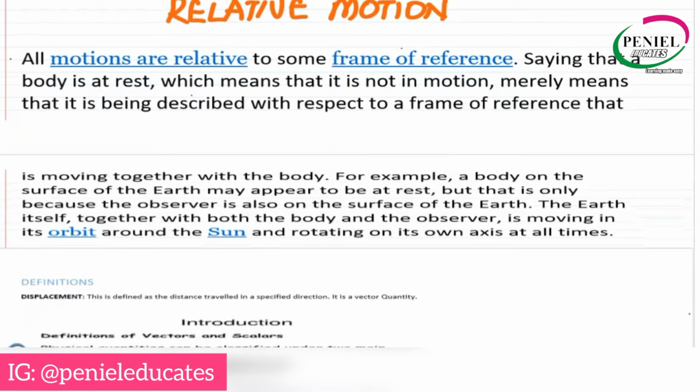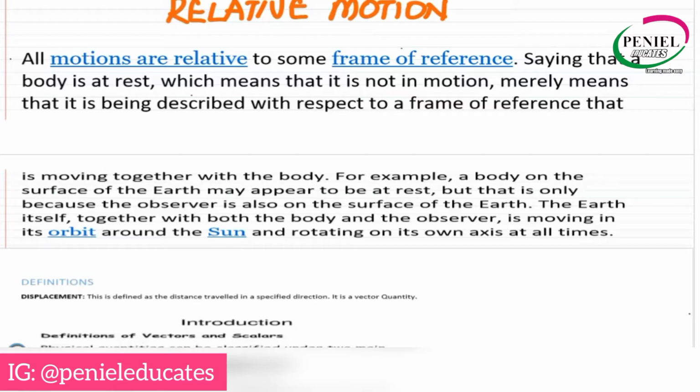motion. One thing again that you need to know here is that we may define motion as a change of position, but we need to understand that it is impossible to determine the change of position without a point of frame, or we call it a frame of reference.